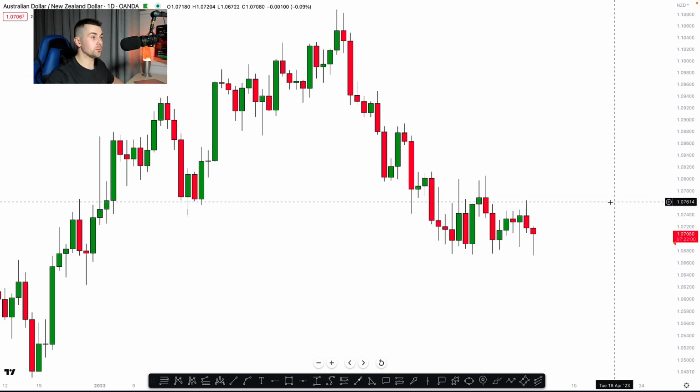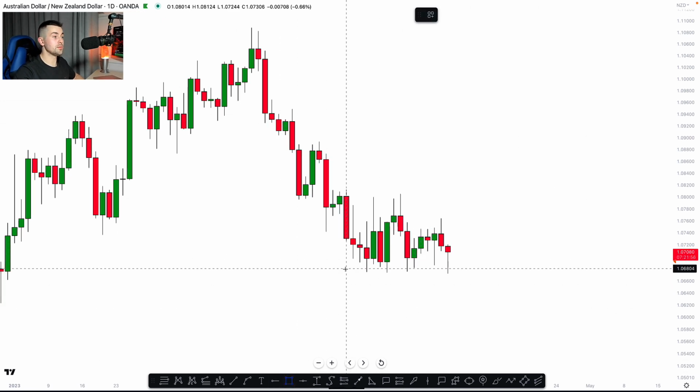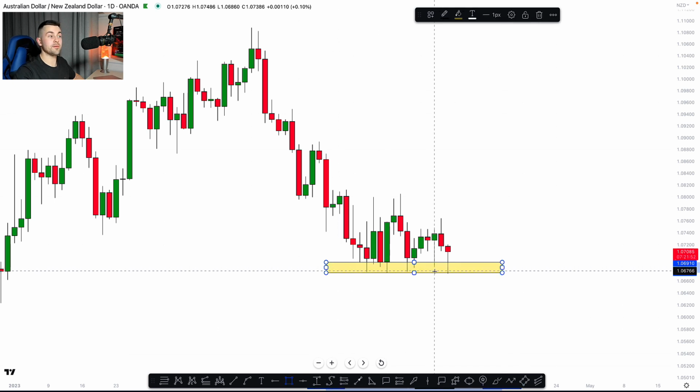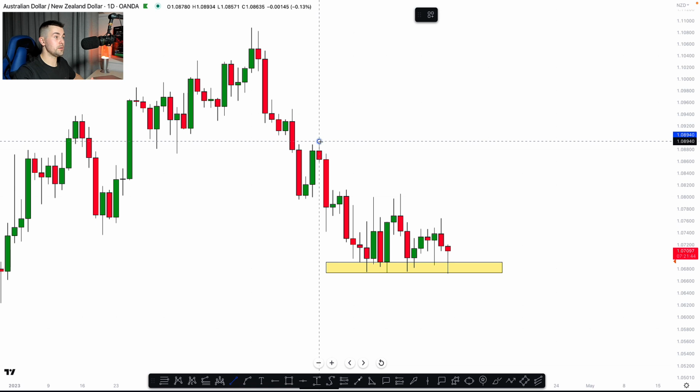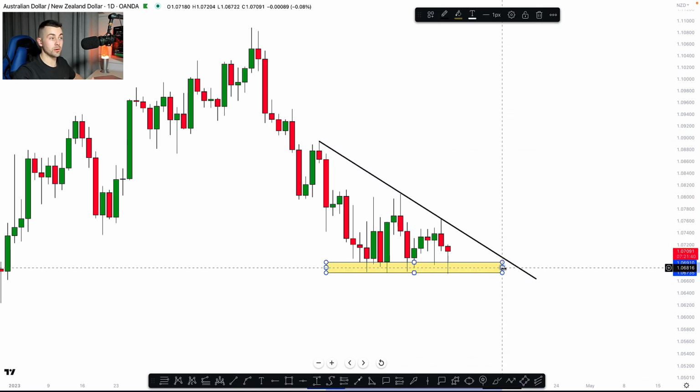Now zooming in the chart and analyzing the recent price action, we can spot that the market is currently coiling. Right, and here we have a very strong support that the price perfectly respects. However, at the same time, we can spot that here the price also perfectly respects that falling trend line.